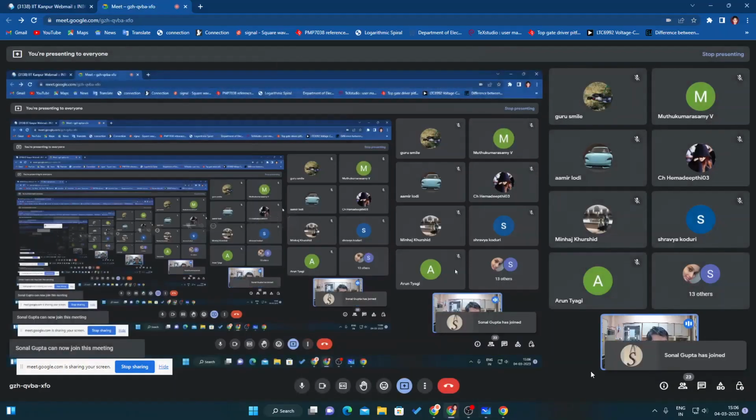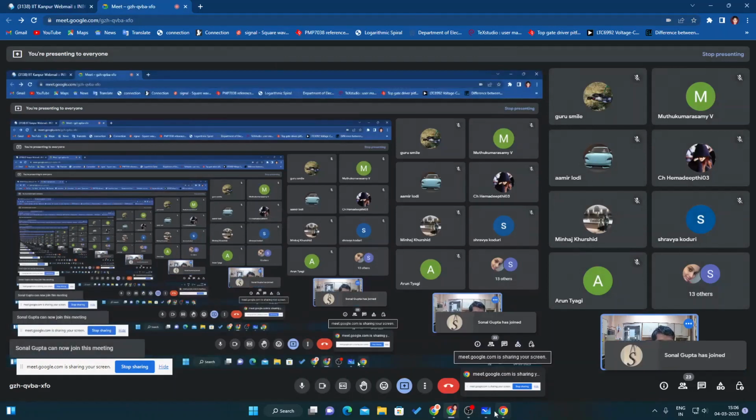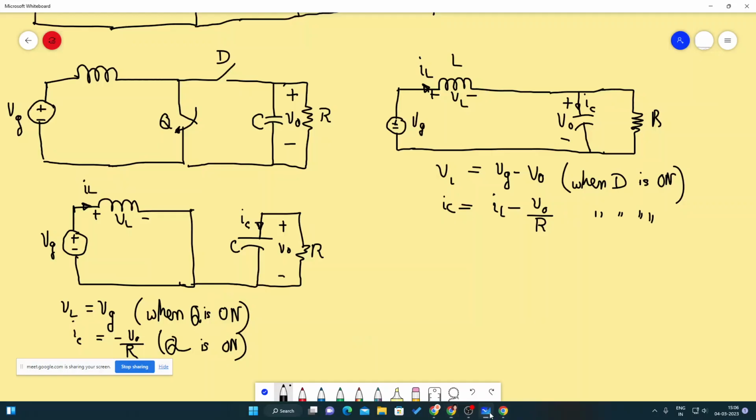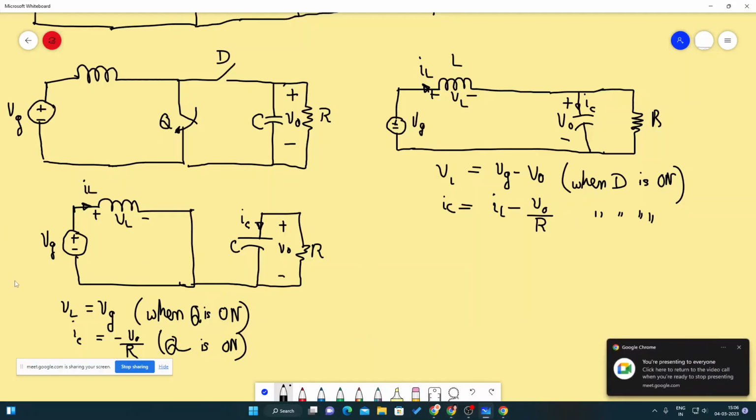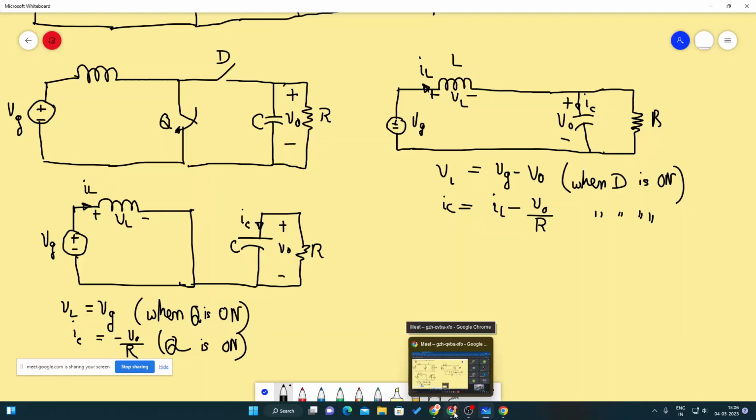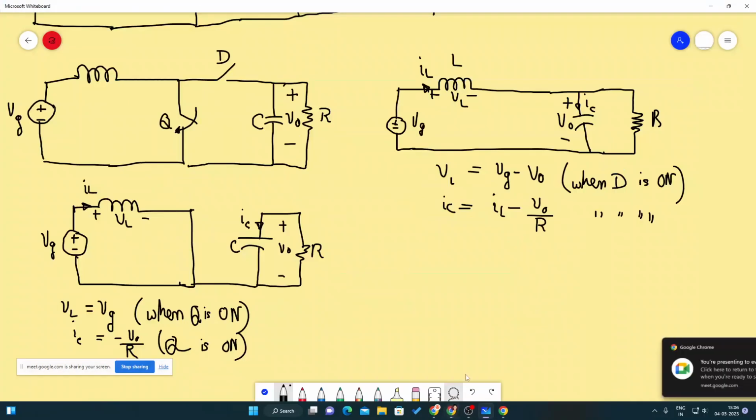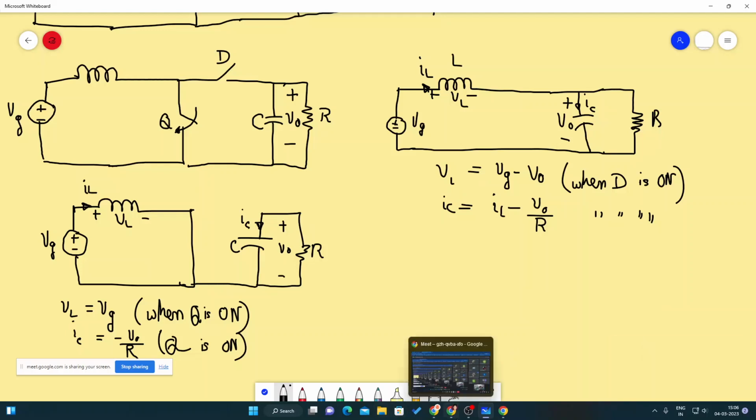Till now, does anybody have any doubt? We obtained two sub-circuits. One is when the switch is on and the diode is off, and the other is when the diode is on and the switch is off. Is it clear for everybody? Yes, sir. Now, this is a switching network and the switching is done periodically.